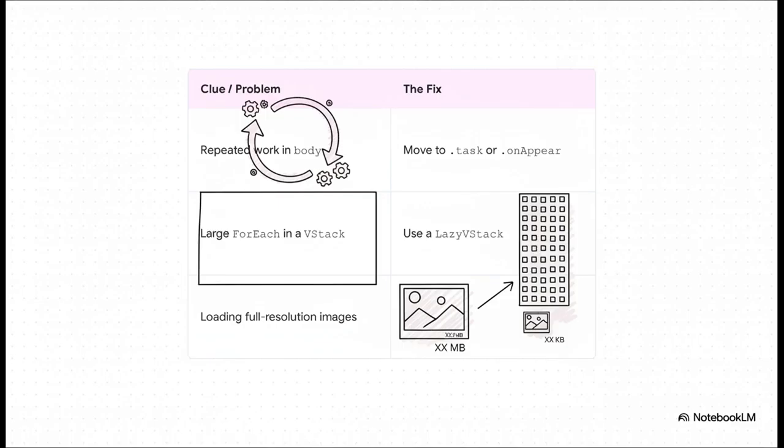Second, if you're trying to display a super long list of items in a regular VStack, SwiftUI tries to create all those views at once, which can just destroy performance. The fix? Use a LazyVStack. It's way more efficient because it only creates the views right before they're about to scroll on screen. And finally, stop loading huge, full-resolution images for tiny little thumbnails. It wastes a ton of memory. Resize your images first. It makes a massive difference.